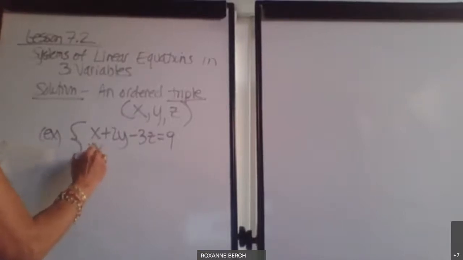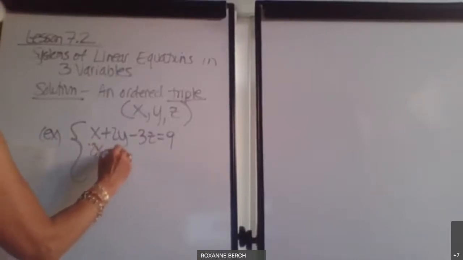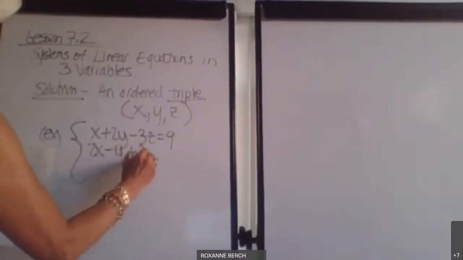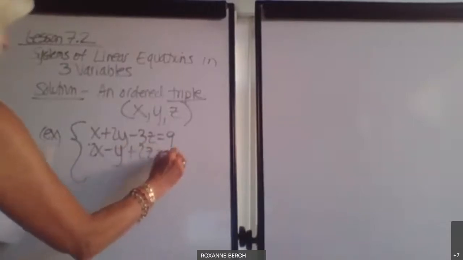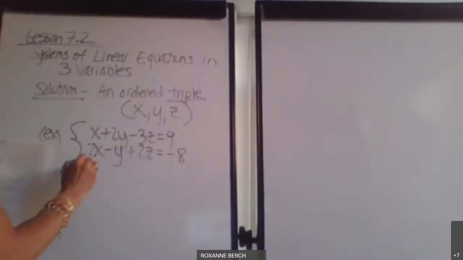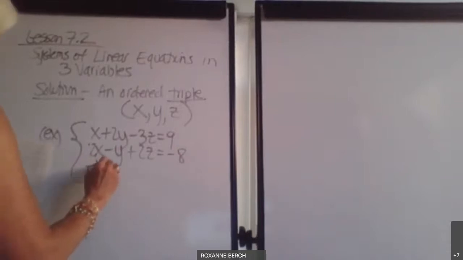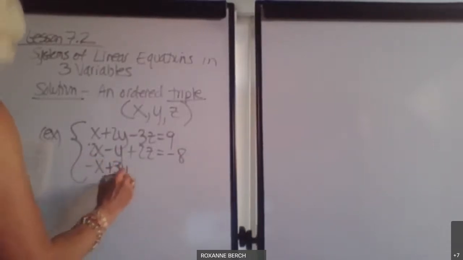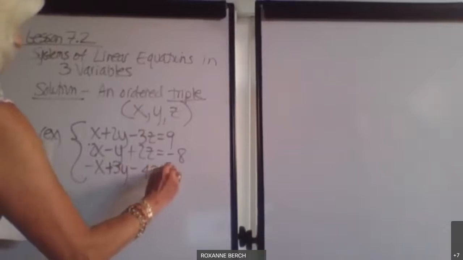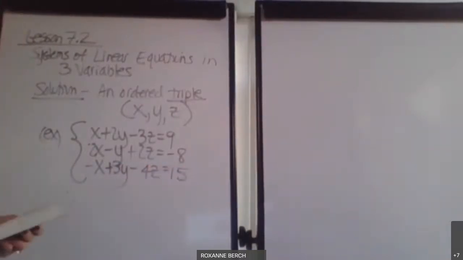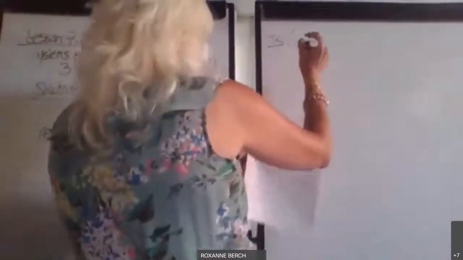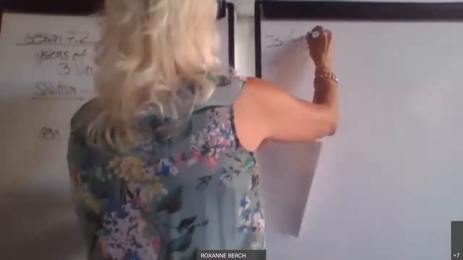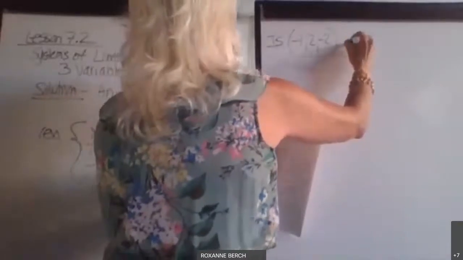You would have 2x minus y plus 2z equals -8. And you would have negative x plus 3y minus 4z equals 15. And they want to know, is this ordered triple x, y, z a solution?